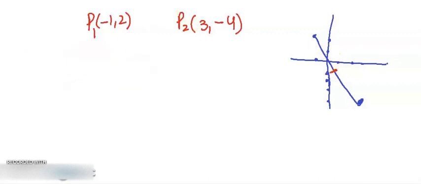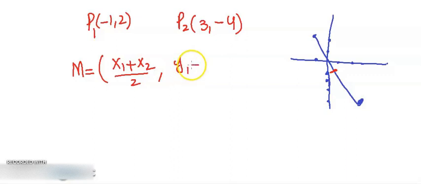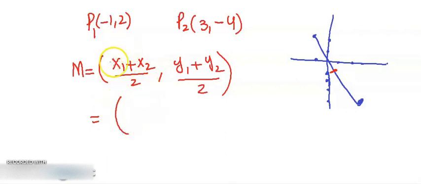As we know, the formula for the midpoint is M equal to x1 plus x2 over 2 and y1 plus y2 over 2. So what is the value of x1? Let's call this x1 y1 and x2 y2. It is not necessary that you call P1 to be x1 y1. You can call P2 to be x1 y1.